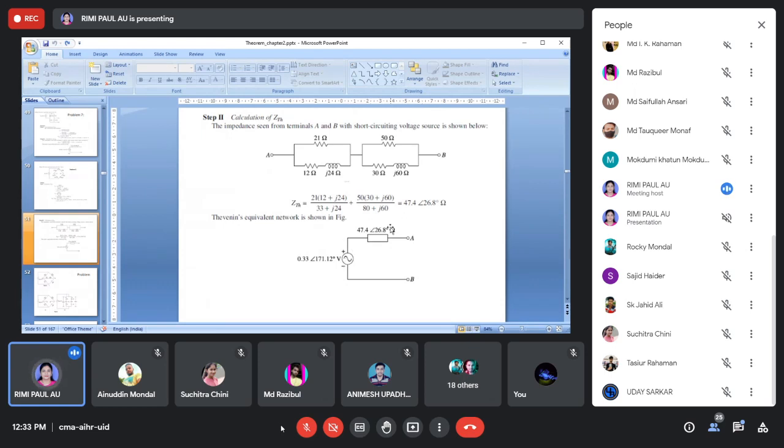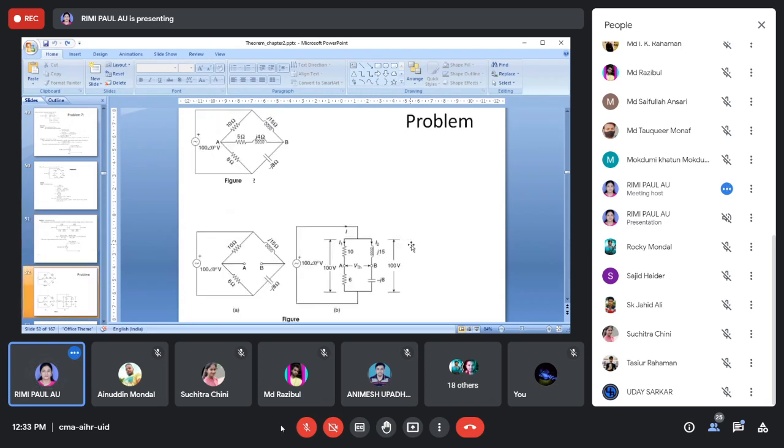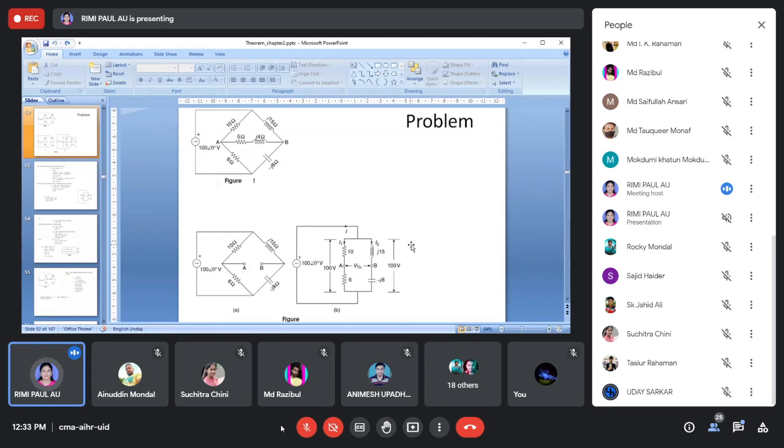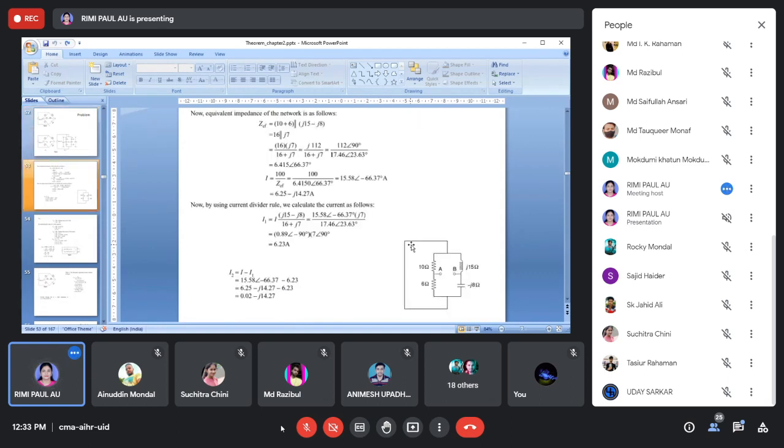Now if you solve these three, you can easily find the load current. This is a similar type of problem, so I am not going through it, but a different impedance is given.